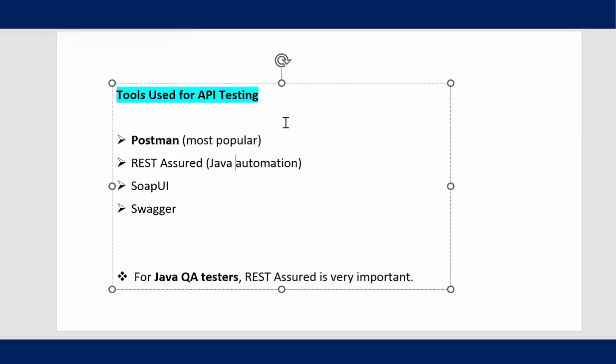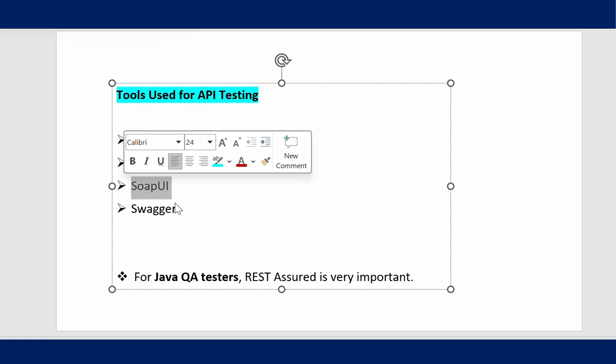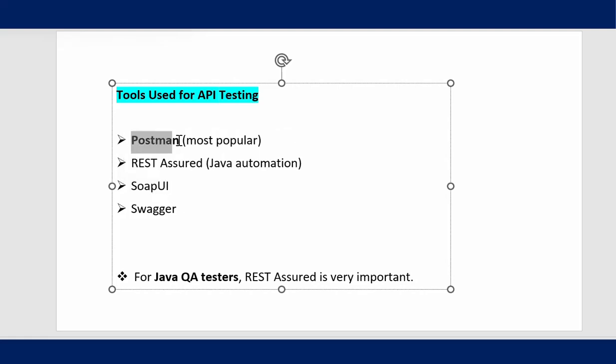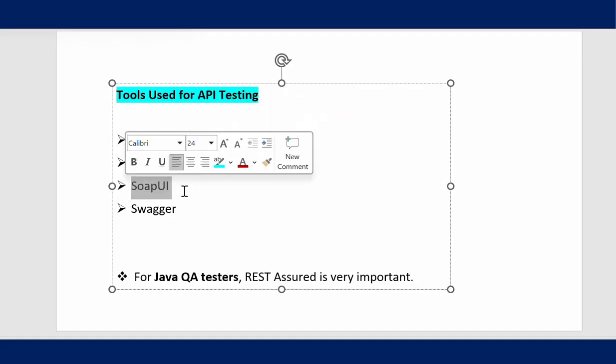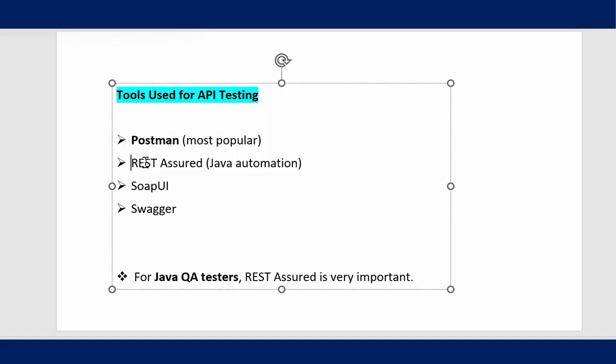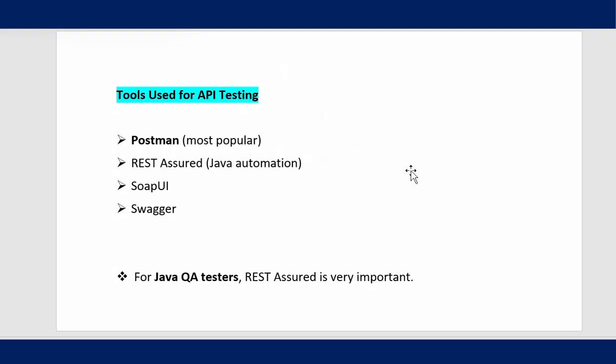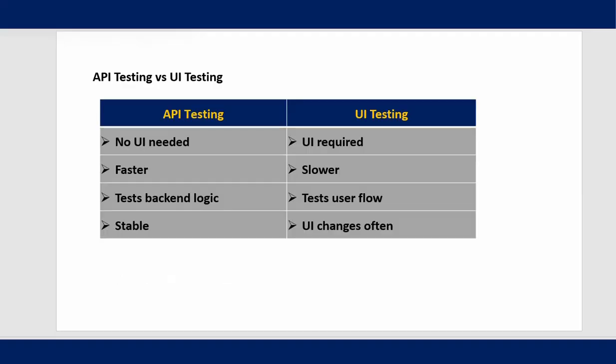In the upcoming videos, I will show you how we can do manual testing by using Postman and SoapUI. Postman we generally use for testing REST APIs, and SoapUI we can use for both REST and SOAP APIs. And then how do we use Rest Assured for automation purposes? This one also I will be showing in the upcoming videos.